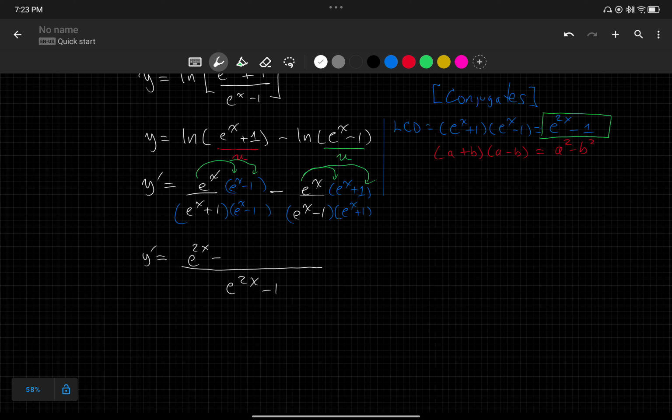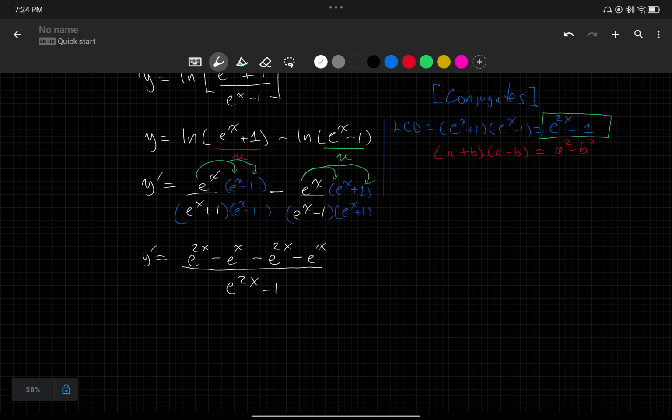minus times negative 1 is just e to the x. Next one. But be careful, the next one has a negative in front. So it's going to be negative e to the 2x. And then distribute the negative again. So that's why you get another negative. And this is going to be e to the x. Okay, so let's see which parts go together.